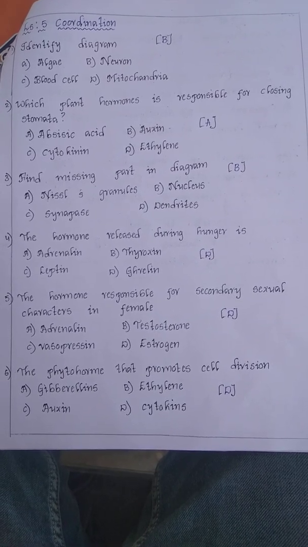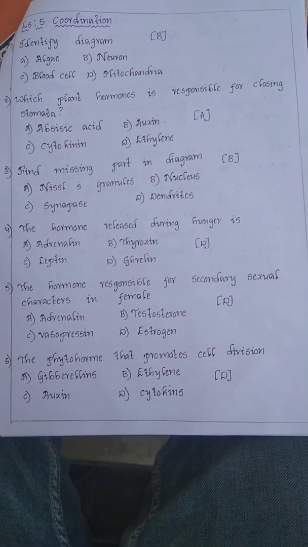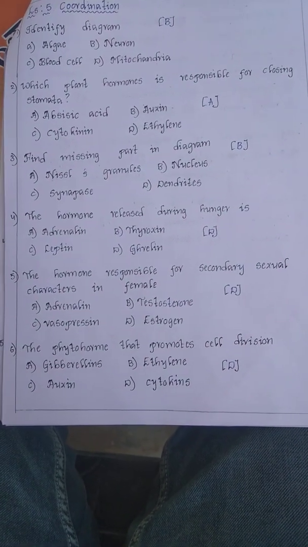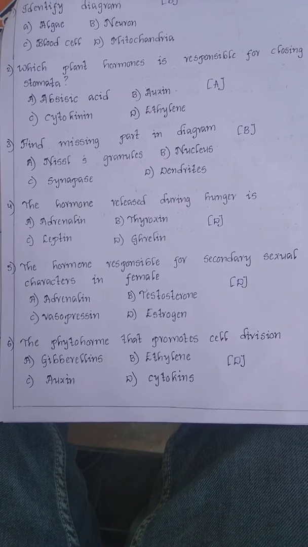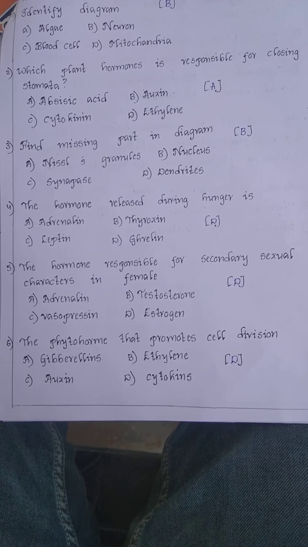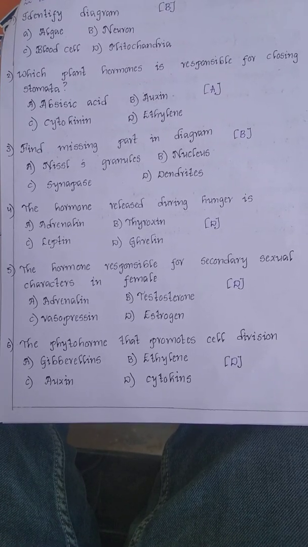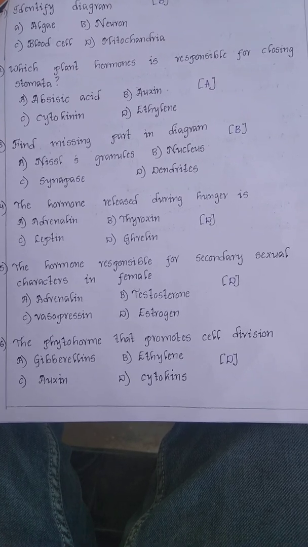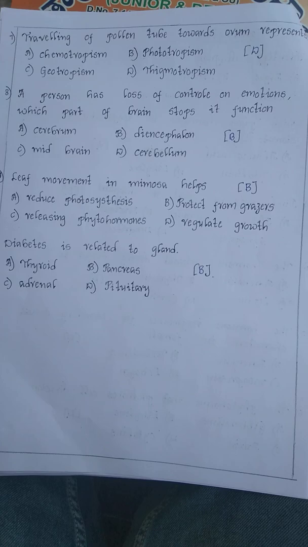We did not do diagrams here, so leave that. The hormone released during hunger is ghrelin, right? The hormone responsible for secondary sexual characteristics in female is estrogen. The phytohormone that promotes cell division is cytokinin, right?